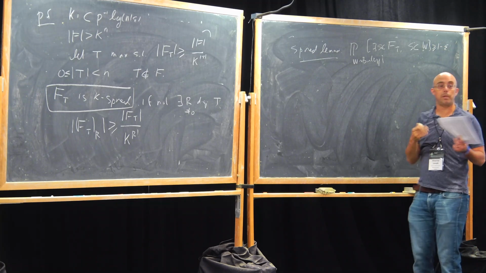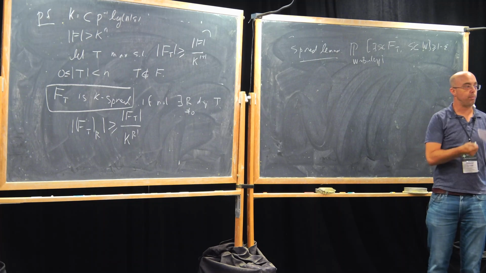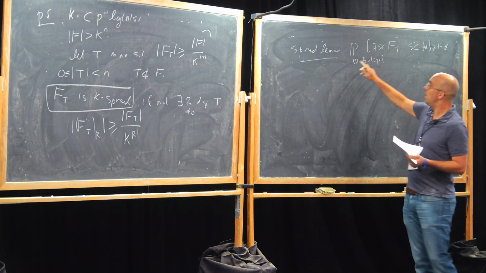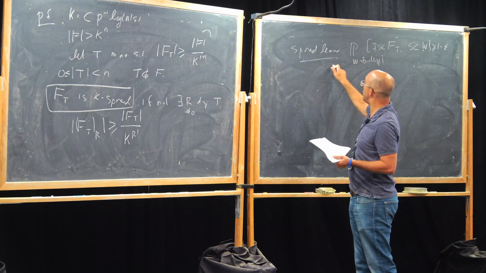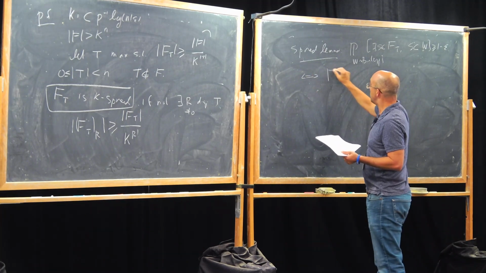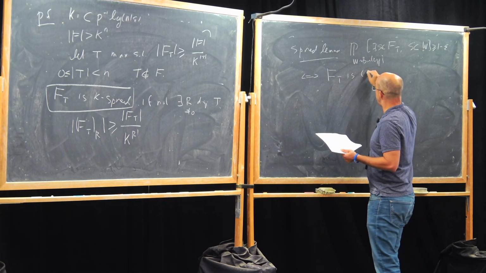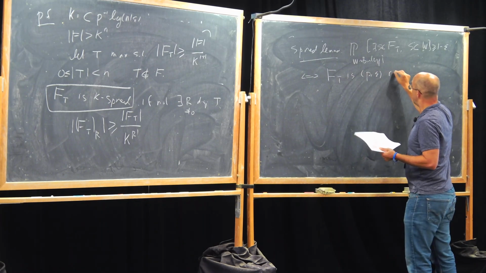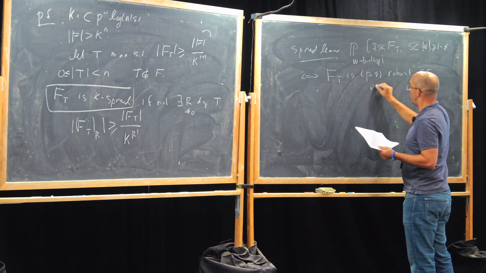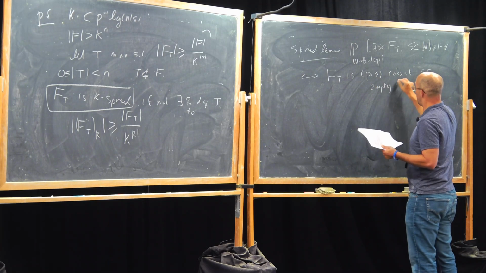Again, we're applying the spread lemma, saying if you have this spread property, then a random set contains one of the sets with high probability. But I'm claiming that this is exactly the definition. This is the same as saying that F_T is a (p, epsilon) robust sunflower with empty intersection.